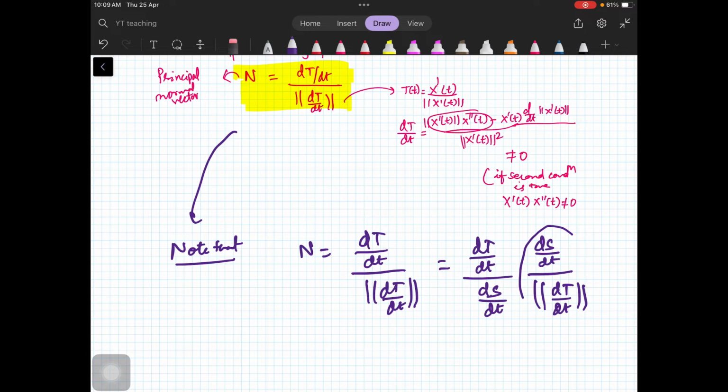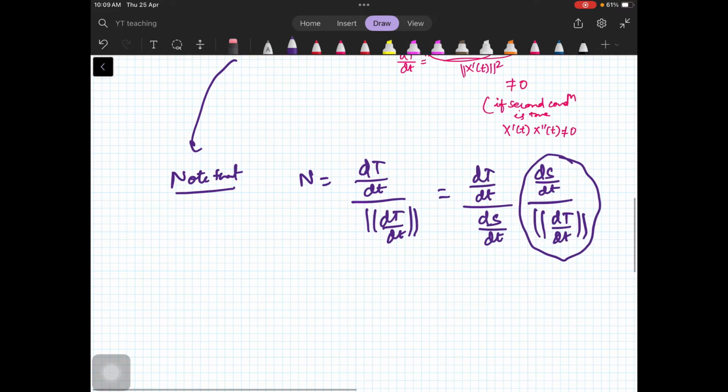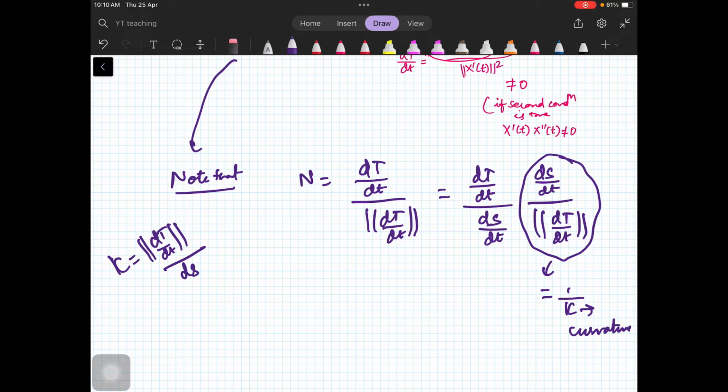Now, if you look at this quantity, what is this? This is 1 by kappa, where kappa is your curvature. This was the definition of curvature, if you remember: kappa was the modulus of dT/dt divided by ds/dt.